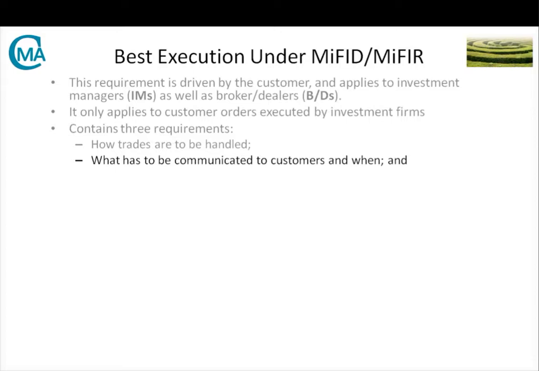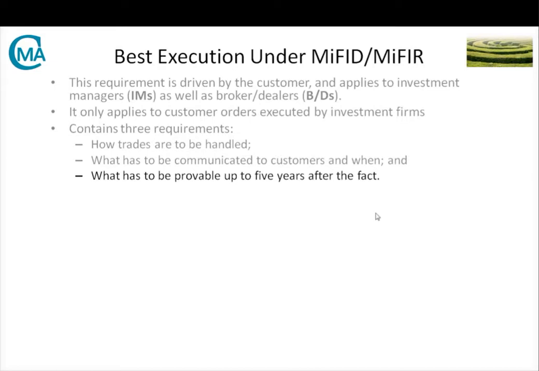This one actually is new, which is what has to be given to customers, and we'll see that there are some things that have to be given to customers which are not generally seen anywhere else, including venue reporting. And what you have to be able to prove to either a customer or a regulator up to 5 years after the fact.